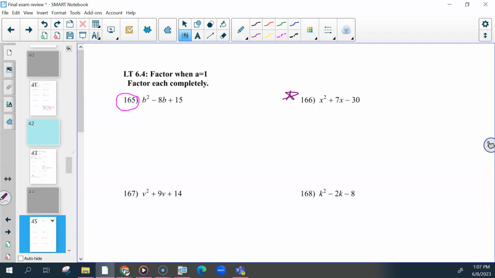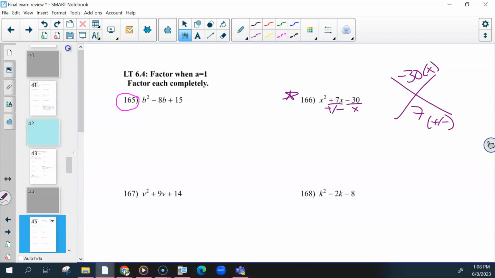Looking for two numbers that multiply to be negative 30 that also add or subtract to be positive 7. So think about your factors of 30. I'll list them for this one.